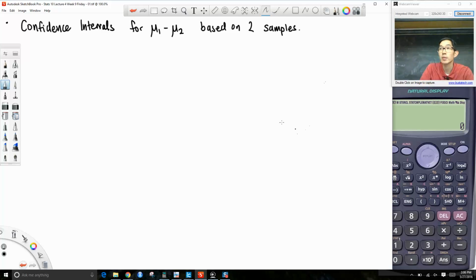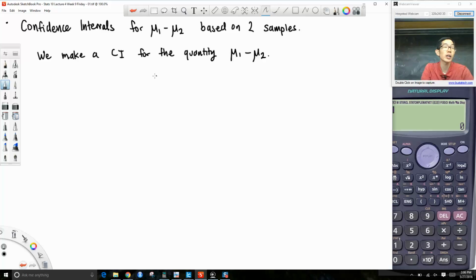Here we are making a confidence interval for the quantity mu1 minus mu2. So we are looking at, what is the difference between the average whatever of population 1 and the average whatever of population 2.